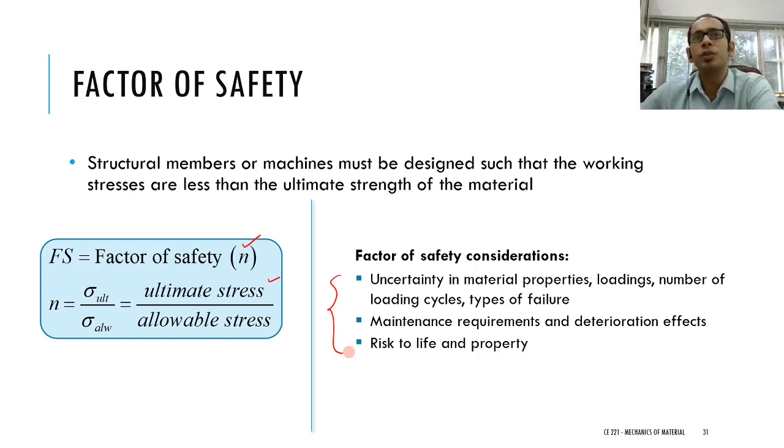So even in those instances, so that your structure can maintain some minimum level of safety, the allowable stresses are kept below the ultimate stresses. So even if you reach some ultimate stress, your structure might be able to survive that particular earthquake or that particular flood, right?